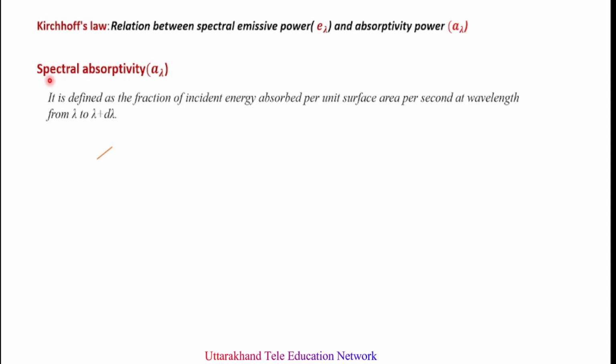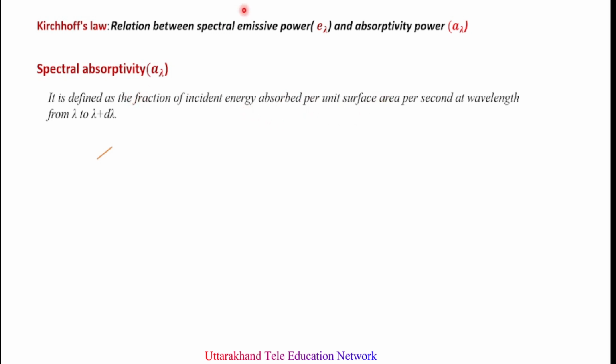This is the spectral condition, and spectral absorptivity is defined as the fraction of incident energy absorbed per unit surface area per second at wavelengths from lambda to lambda plus d lambda. That means the spectral absorptivity is the fraction, like 1/3 or 1/2, of the incident energy which is absorbed by the body per unit surface area in 1 second.